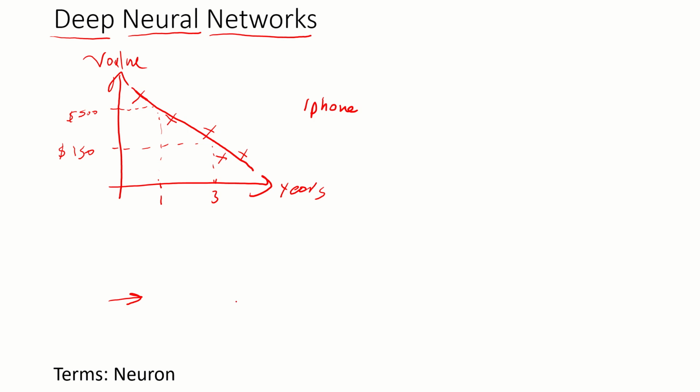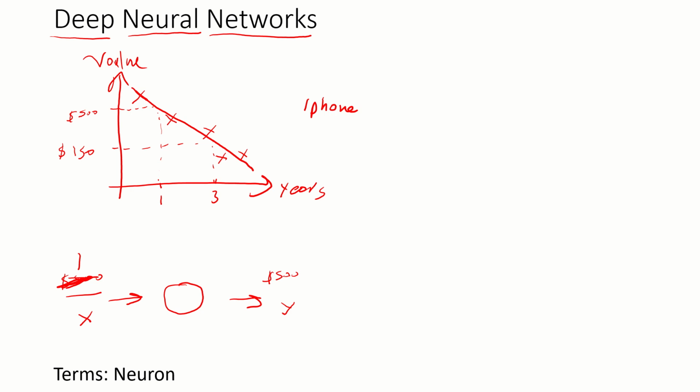To model this relationship between X, which is the year, and Y, which is the value, this can be calculated using a neuron.